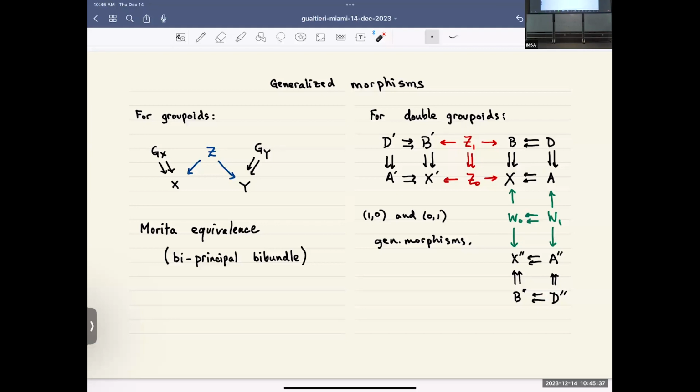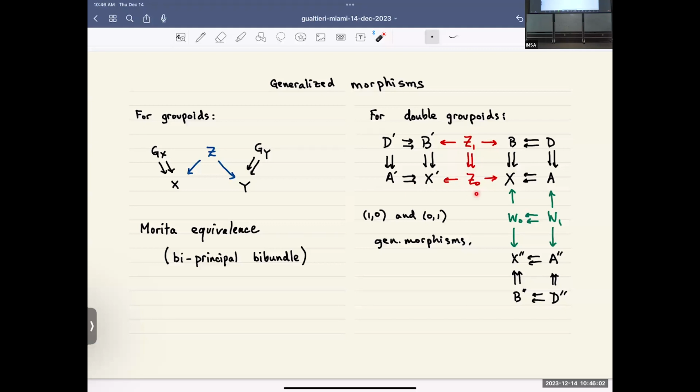Okay, and instead of having a single space, you need to have a groupoid for this groupoid to act on. So here we have something in the middle with 2 maps. The thing in the middle here is a simple groupoid, and it has 2 maps to the sides of this double groupoid and this double groupoid.